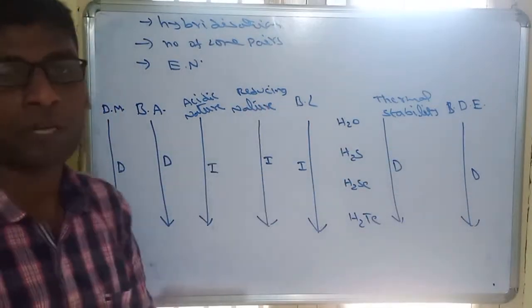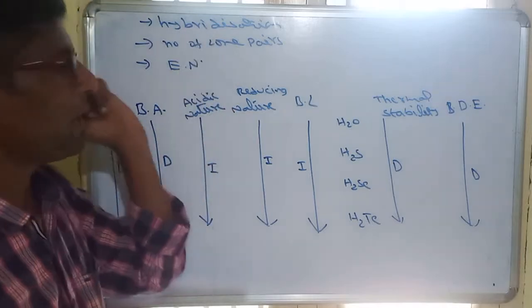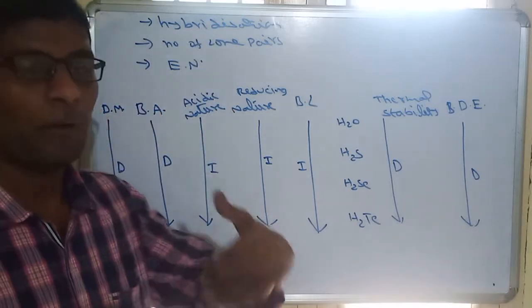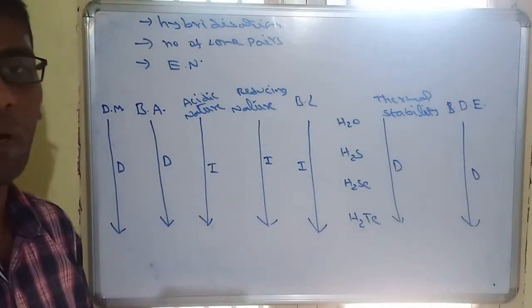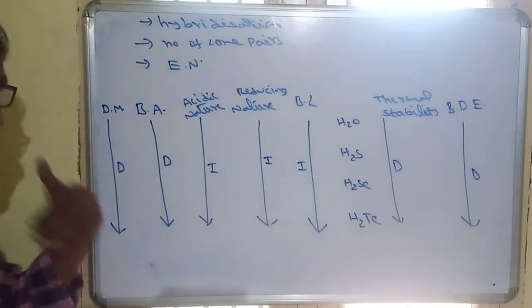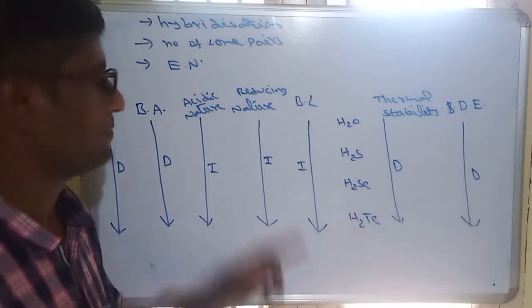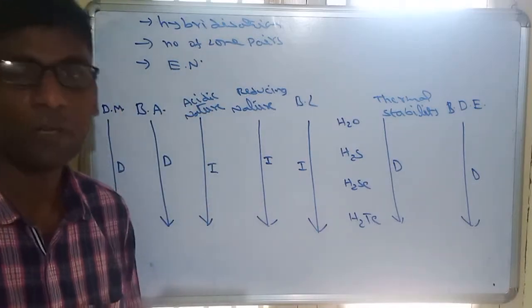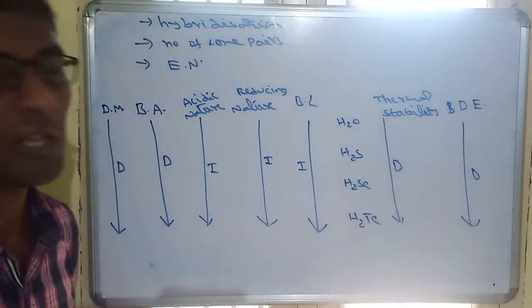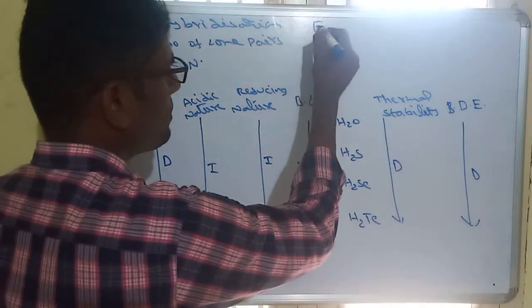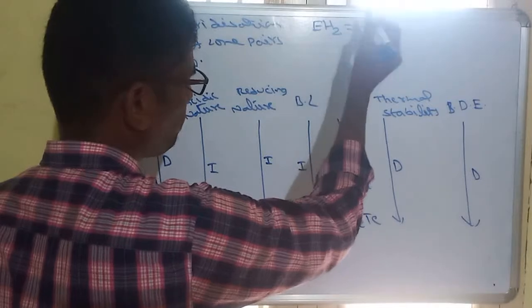So when molecules are given, first we determine hybridization. If hybridization is the same, then we go for the second factor, the number of lone pairs. If the number of lone pairs is also the same, then we go for electronegativity. Suppose these are all hydrides of the 16th group, whose formula is EH2.